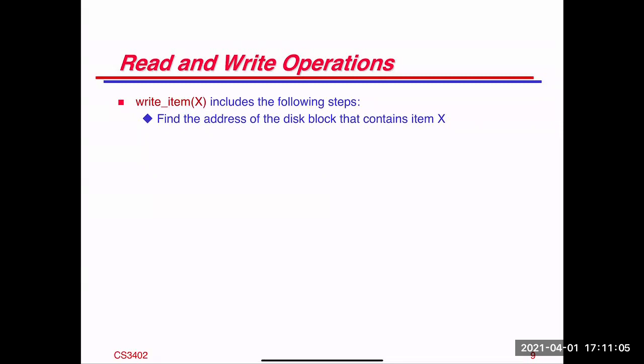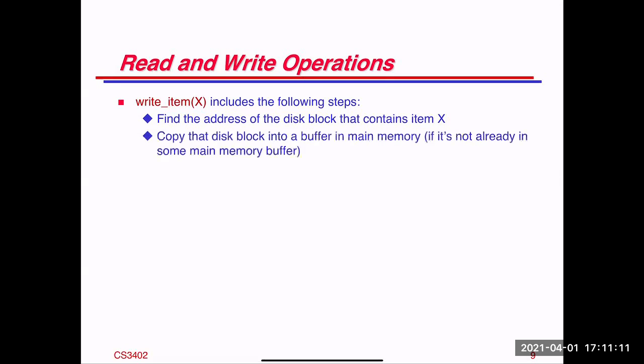This is kind of similar. Again, we need to find the address of the disk block that contains item X. Then we need to copy that disk block into a buffer in the main memory if it's not already there. And then we need to search for the required value in that buffer. That's usually much faster than this copying step here.